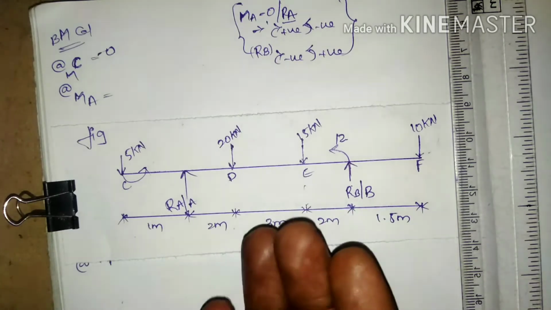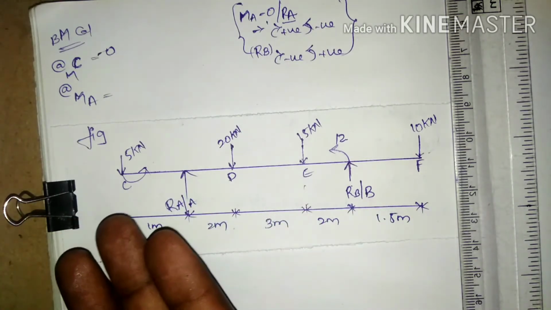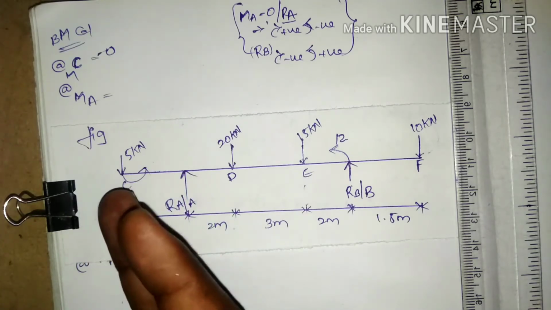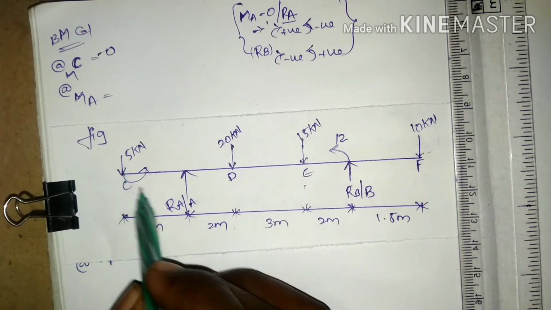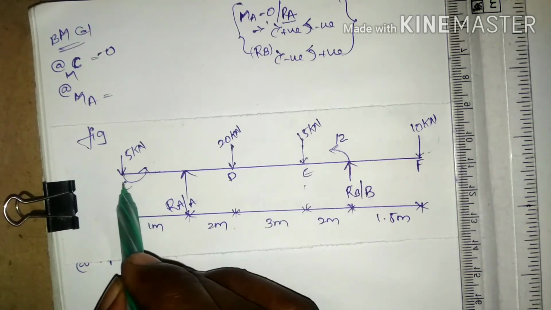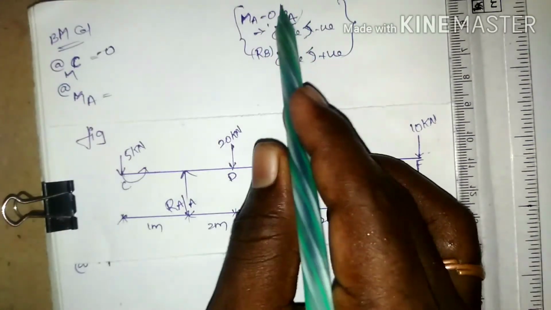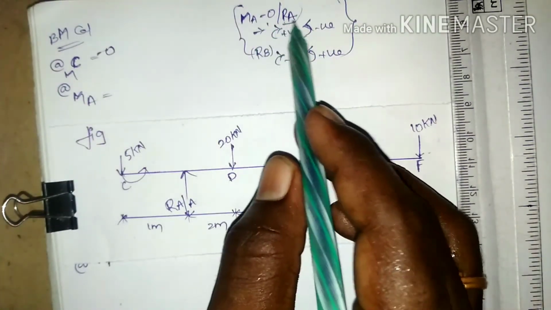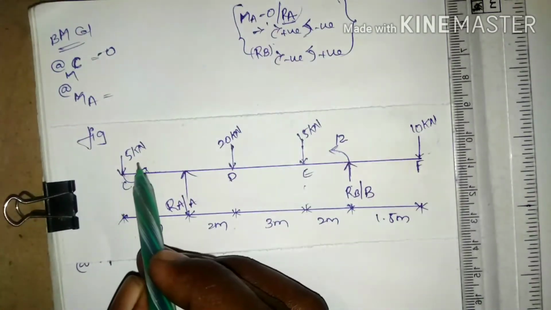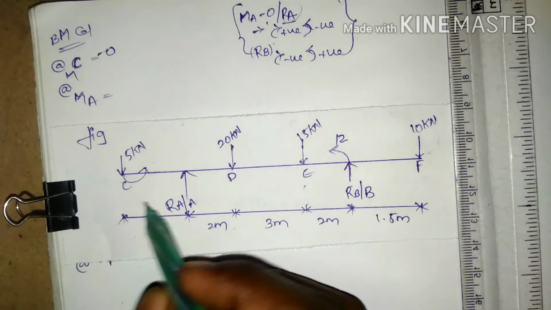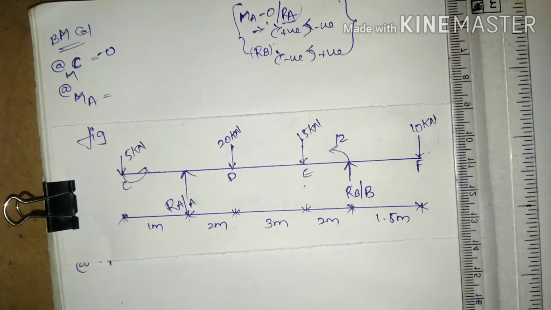Here, for simplification, I am going to take the left of the section, because we are having only one point load, so this is going to take the moments in anti-clockwise direction. If you want to take the moments for RA or moment about A, then clockwise is positive, anti-clockwise is negative. This is acting in anti-clockwise direction, so that is negative, minus 5 into 1. The distance from C to A is 1, so minus 5 into 1.